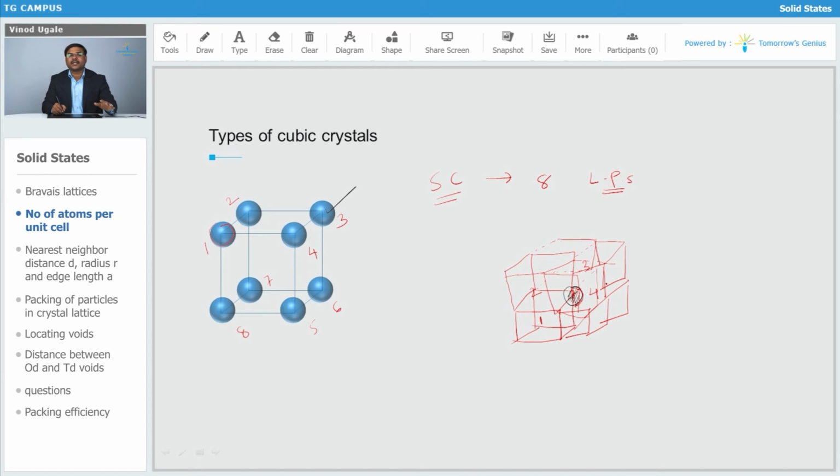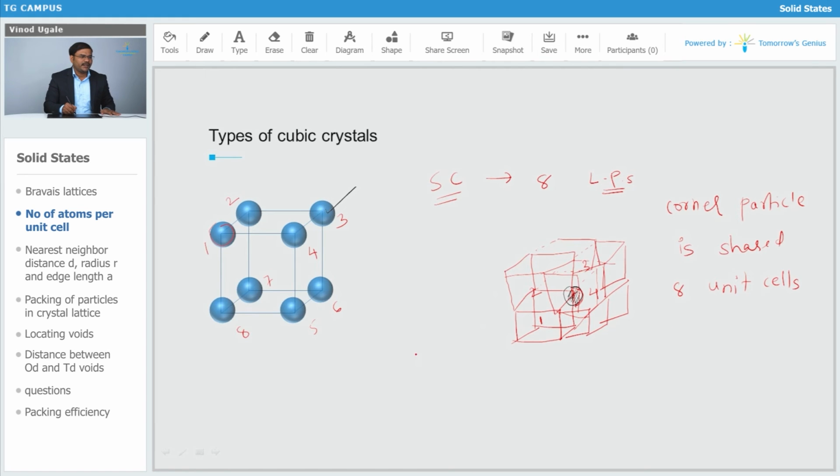Total 8 unit cells are going to be over there. So if there are 8 unit cells, corner particle, let me write over here, corner particle is shared by 8 unit cells. That is a very important thing to understand.